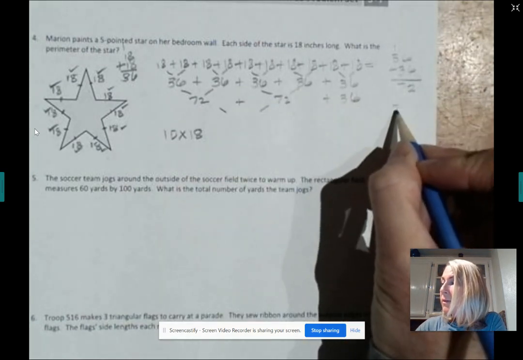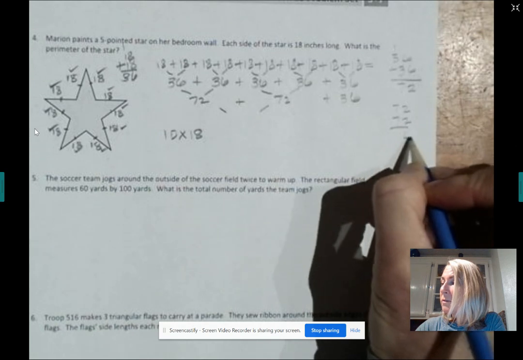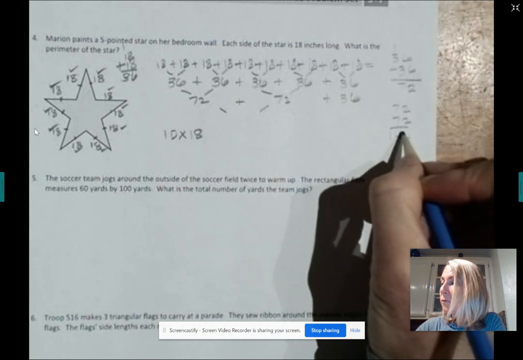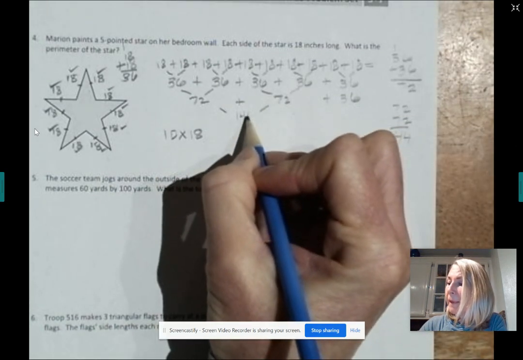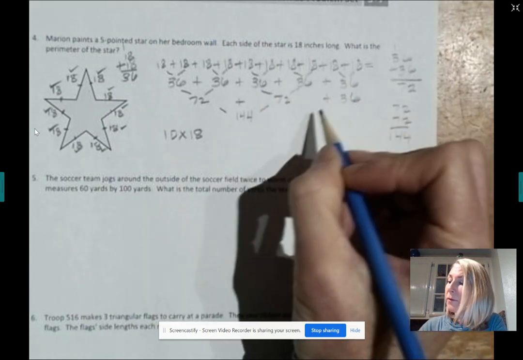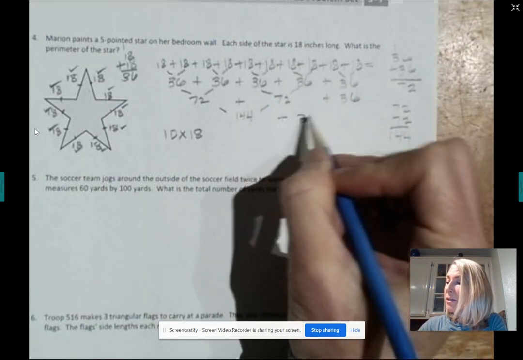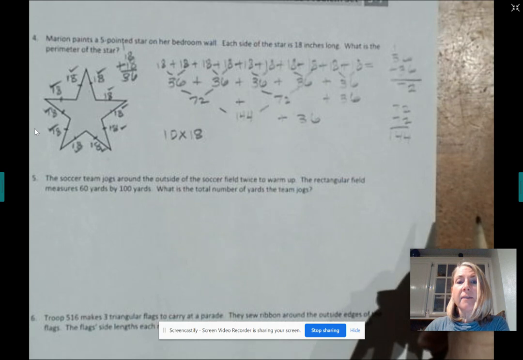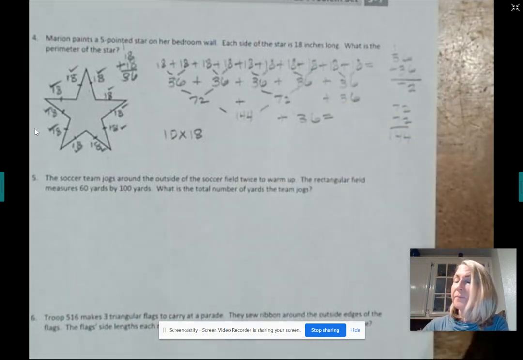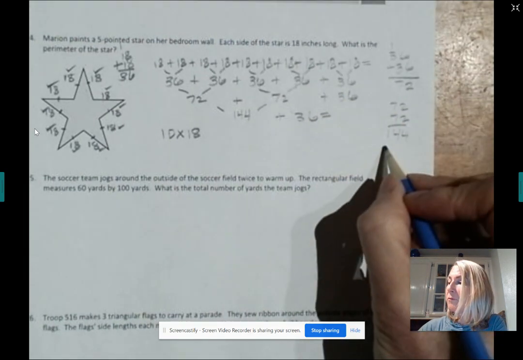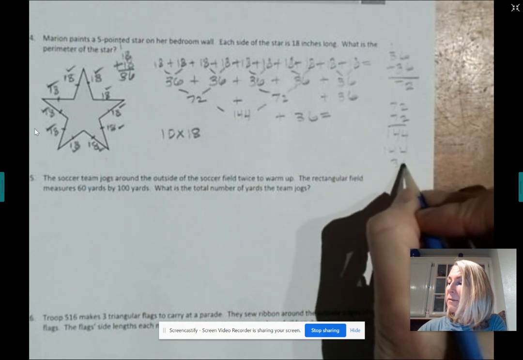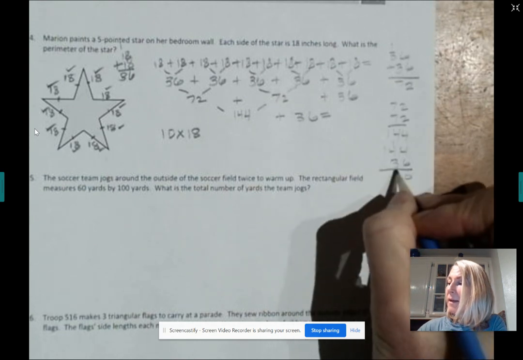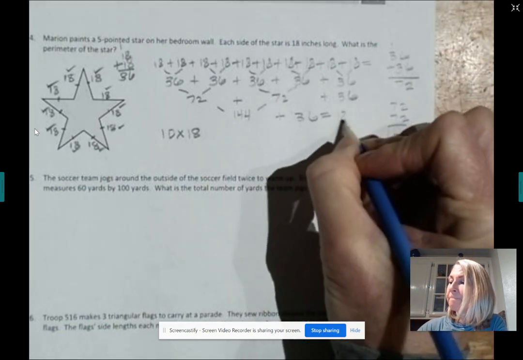Okay, 72 and 72 gives me 144. I mean, it does look kind of pretty, right? All these little connections of math and breaking it all the way down. So now I'm going to take my 144 and add on my 36, and I end up with 180.